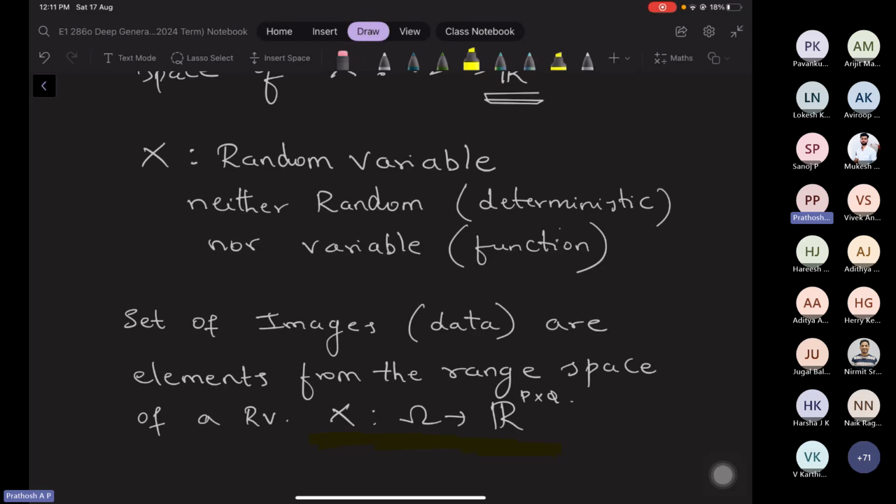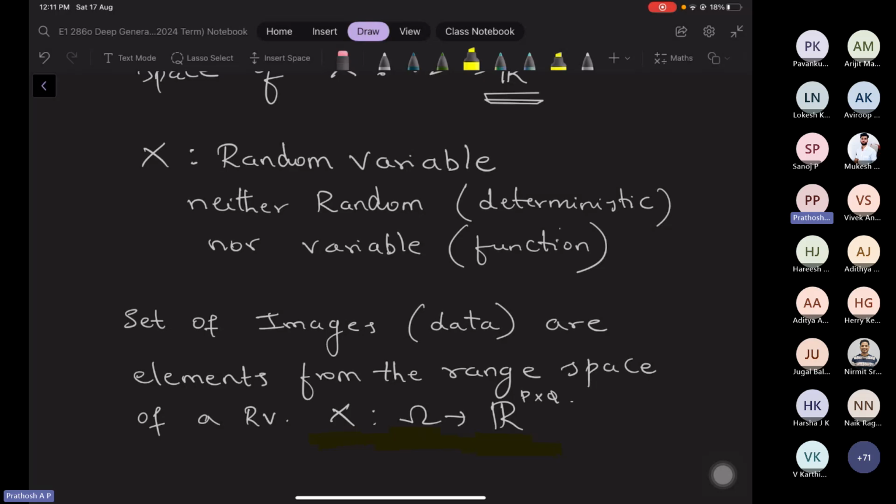I was making a very important point here: in the probabilistic way of looking at things, the data or the images that you get are not seen as just elements from a set. They are seen as elements of a range set, and when you talk of range, there is a corresponding domain. What is that domain?